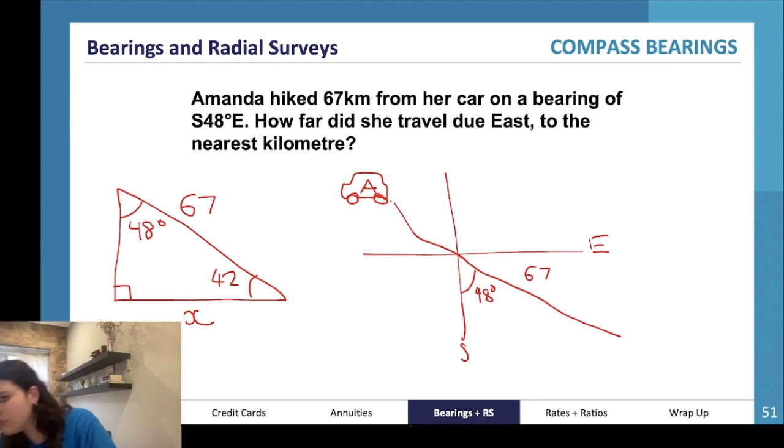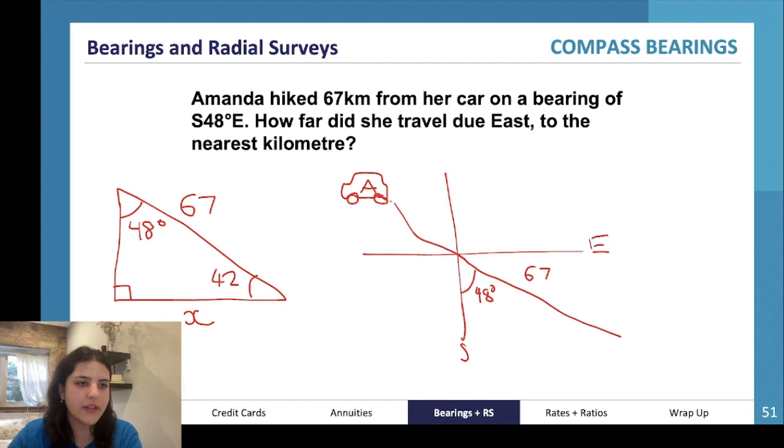Let me just try and grab, there we go. All right, so that's the question that we're looking for here. Let's see, do I have a better diagram? No. Okay, now that we know that, we really just need to use one of our sin, cos, or tan ratios to work it out. This is our hypotenuse, this is our opposite, and this is our adjacent. We're looking for our adjacent, and we have our hypotenuse, so we can use cos.